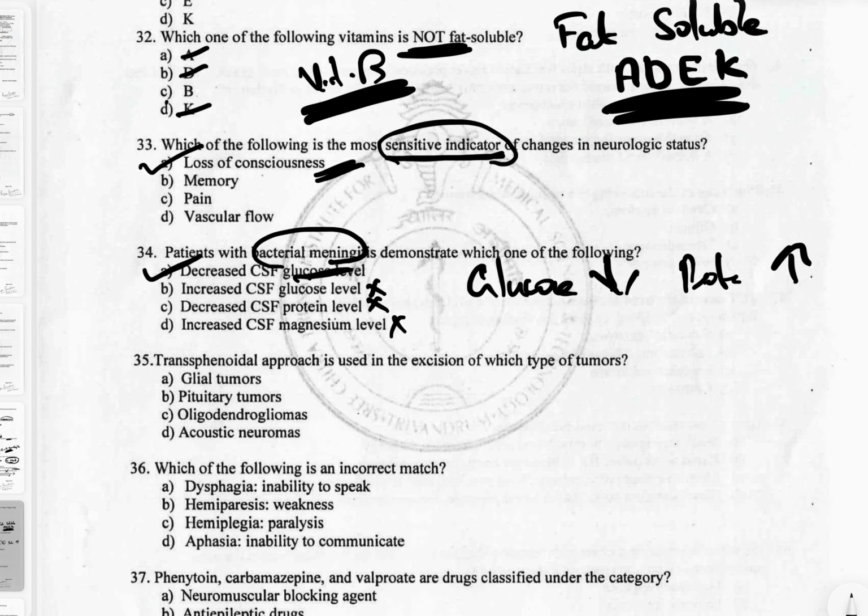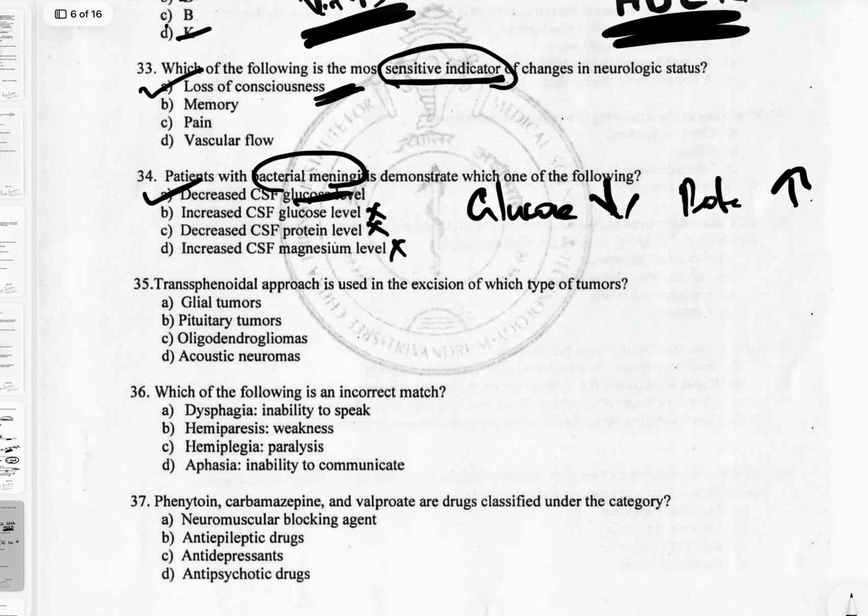35th question, sphenoidal approach is used in excision of which type of tumor? Glial tumor, pituitary tumor, oligodendrogliomas, acoustic neuromas. Transsphenoidal approach is a type of surgical procedure where the surgery is done through the nose of the patient.